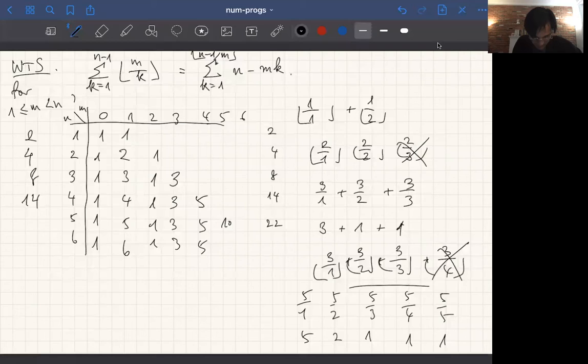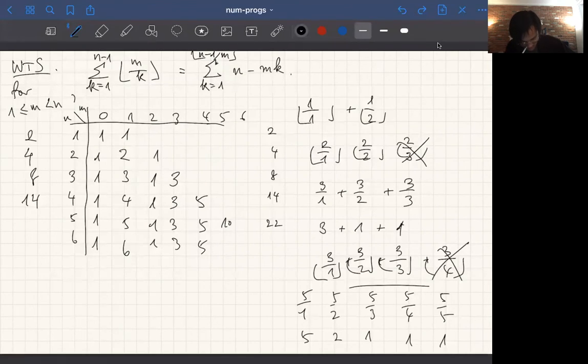So 6, 7, 10. Ooh, it's 25. That's not quite right. This is 1. This is still 1. This is 2. This is 5.